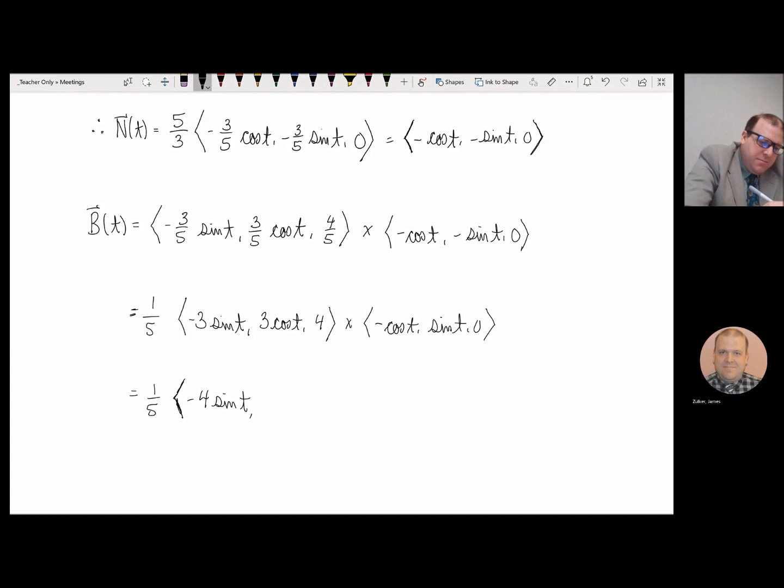It'd be -4 cosine minus 0. Sign negative or not? Wrote it twice, I think. That sign is negative, which would then make this positive here, right? I don't think I had the negative when I did that.